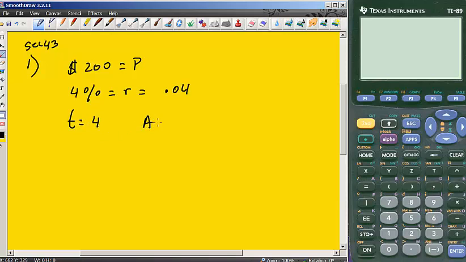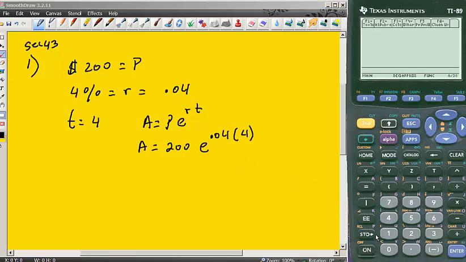So A is equal to P-E-R-T. So the amount we're going to have at the end of 4 years is going to be $2,000 times E to the 0.04 times time, which is 4. So we just go to our handy dandy calculator. If you clean it up a little bit, that is E to the 0.16.